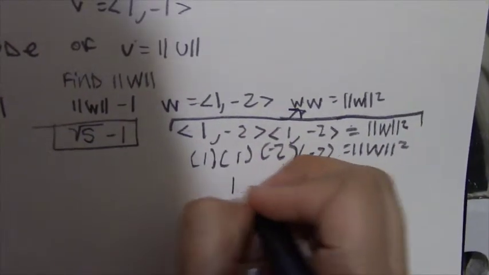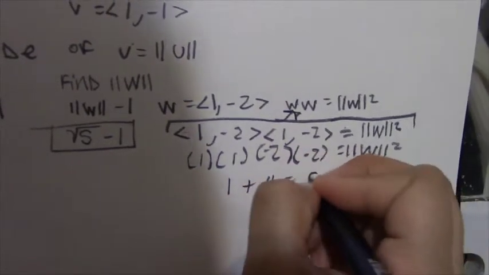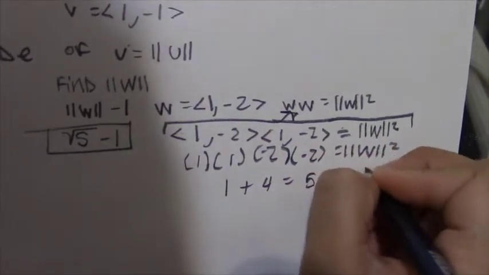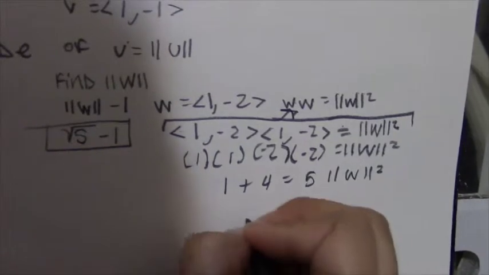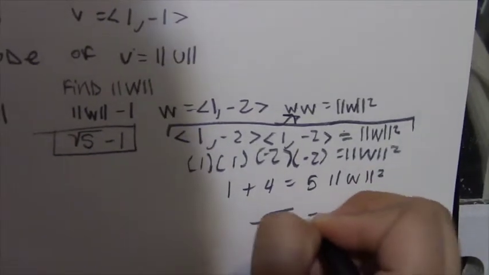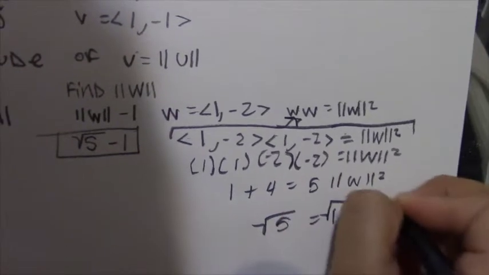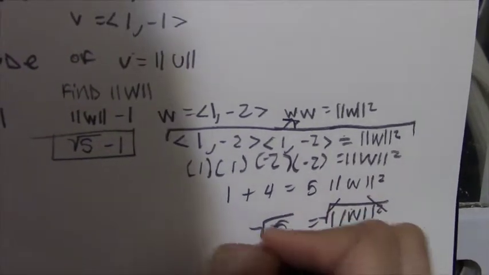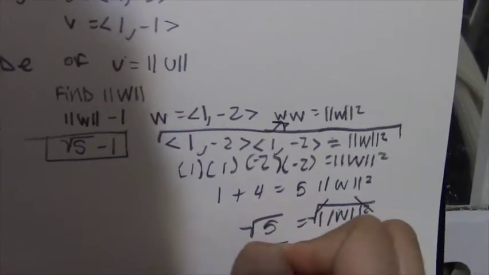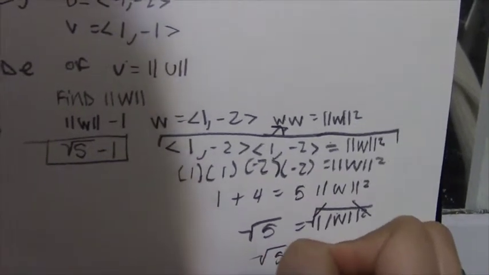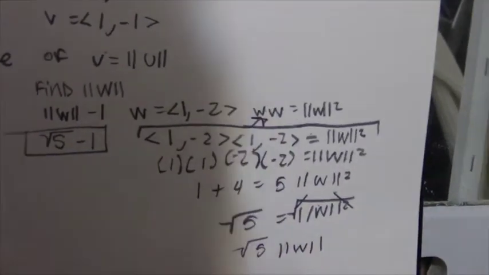So then that equals 1 plus 4 equals 5. And the square root of 5 equals the square root of this W squared. These cancel out, so we're just left with square root of 5 for W.